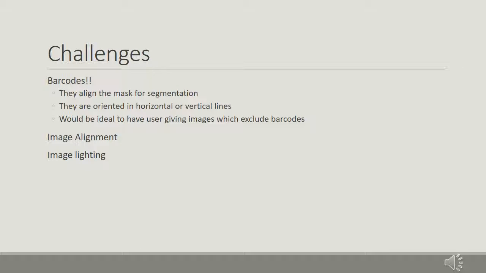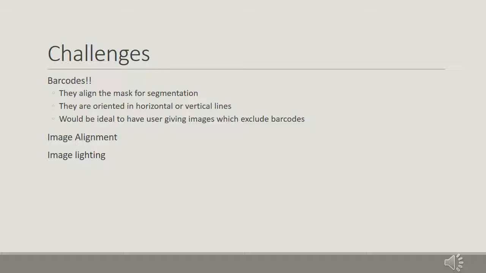Challenges. The biggest challenge we faced was barcodes. Why is the barcode a bigger challenge? As you understood, the algorithm works by clustering all the horizontal lines in the nutrition fact. It preserves them and gets rid of all the other portions.